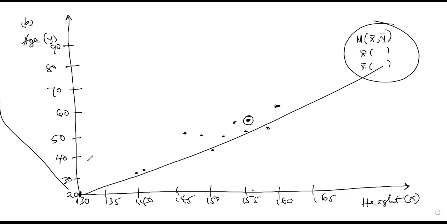You correlate. Find y when x is 147. If x is 147, what is the value of y? You correlate and you get it. If they give you the value of y, what is the value of x? You match and get it. Isn't it, guys? Yes.